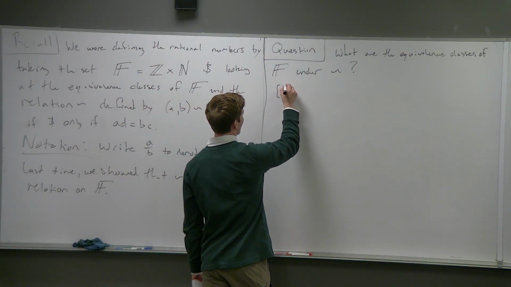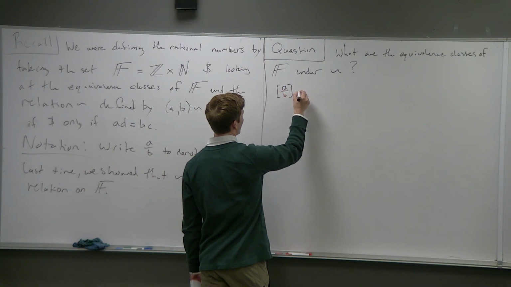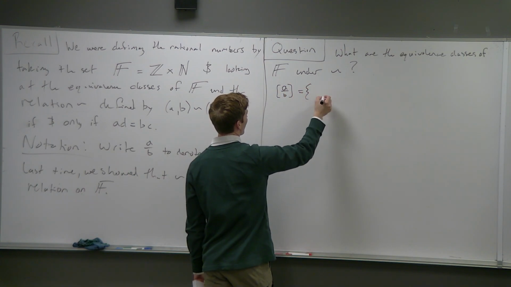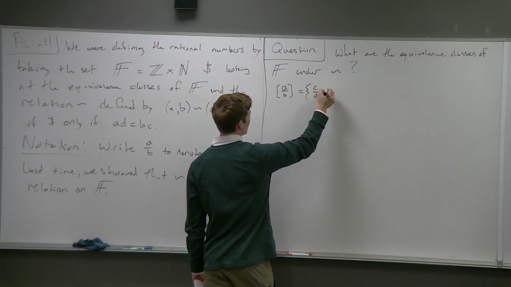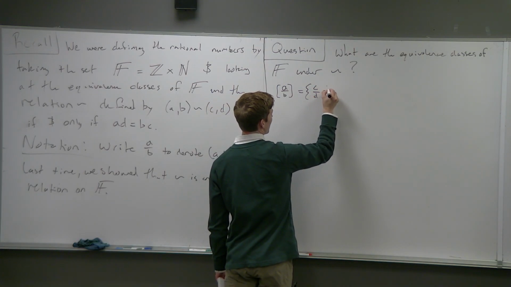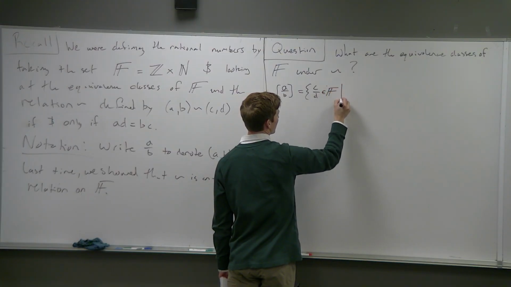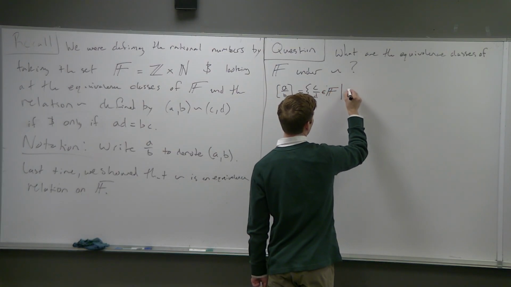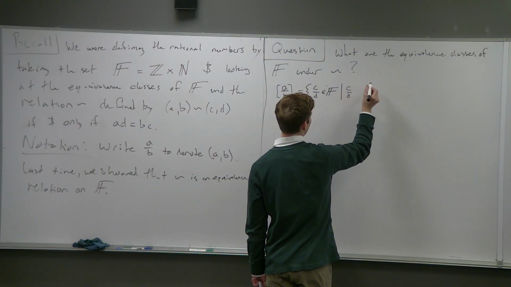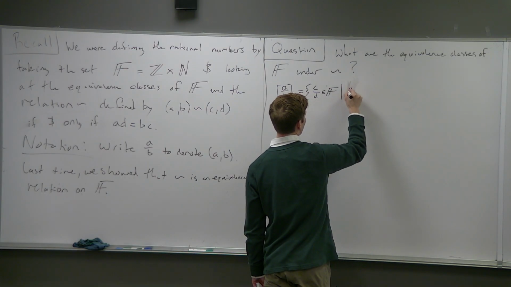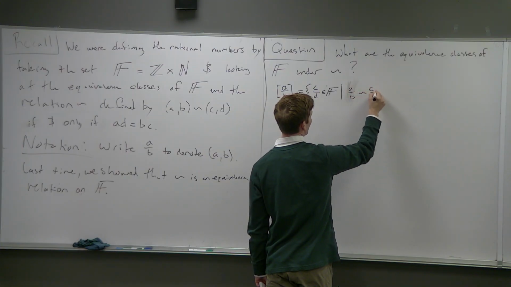The equivalence class of A over B is just the set of all C over D in F such that A over B is related to C over D. It's an equivalence relation, so it doesn't matter which one we do first.